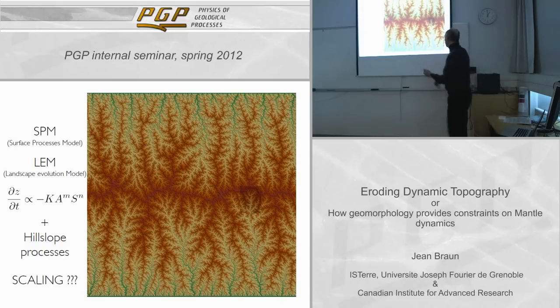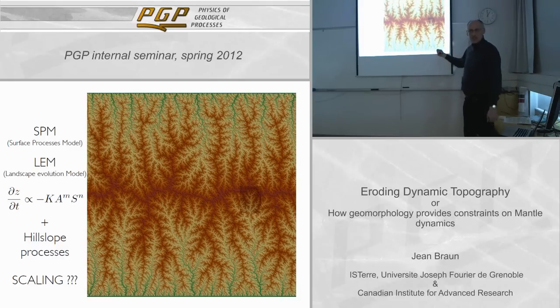There are about 1,000 by 1,000 pixels in this image. It's a JPEG, 1,000 by 1,000. And each pixel is a numerical point at which I solve the equations. There's no interpolation between my numerical grid and the image. So you see the resolution we can reach, and I'll show you we can reach much more than that. I just can't show it on the screen, there are not enough pixels.